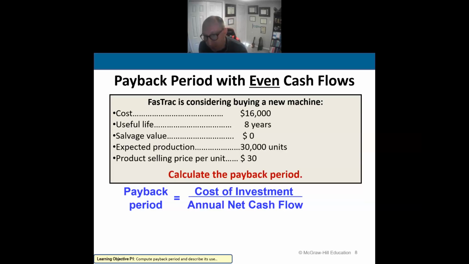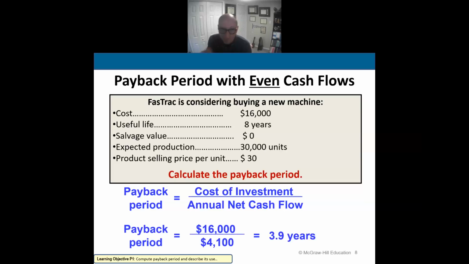And if we do that, saying that our cash flow will be the same amount every year, which we know that's not always the case, but for this example, say it's the same amount of net cash flow every year, how much would that be? So, well, we need a little bit more information. So, how we come up with 4,100?